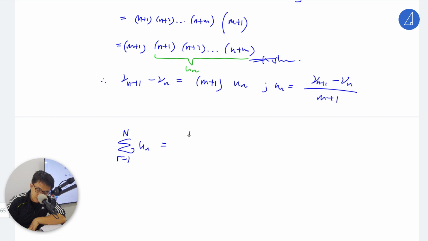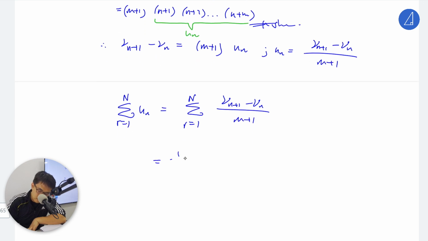So this will be the method of difference.